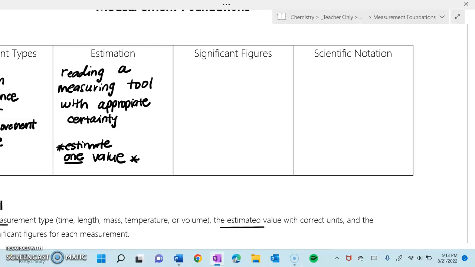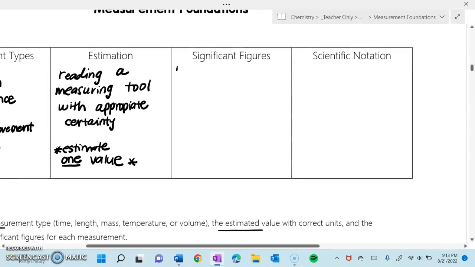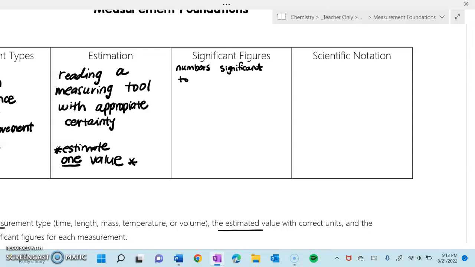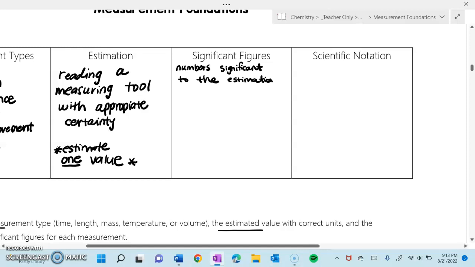So let's talk a little bit about significant figures. These are numbers that are significant to the estimated value of the measurement, or estimation of a measurement.